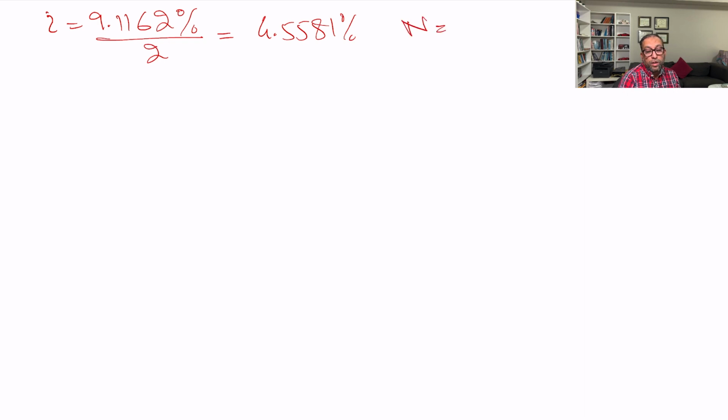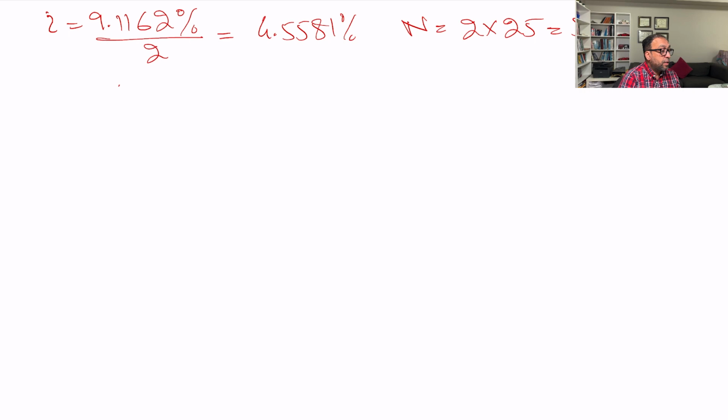is 9.1162% divided by 2. So we get 4.5581%, and n we find out is 2 times 25, so it's going to be 50.